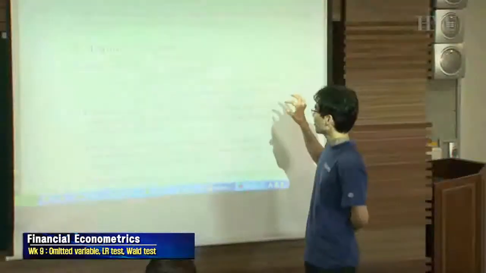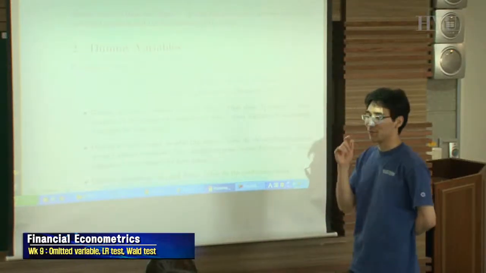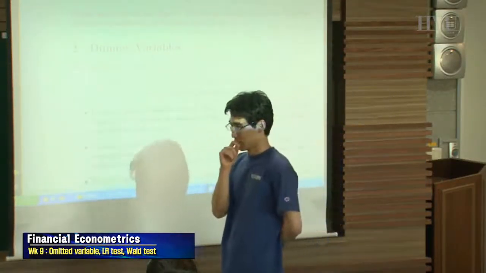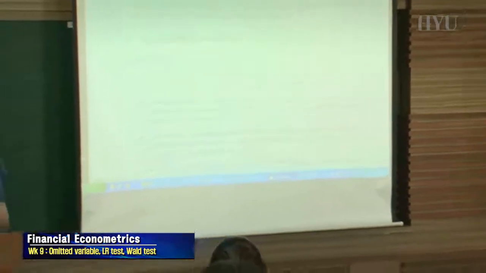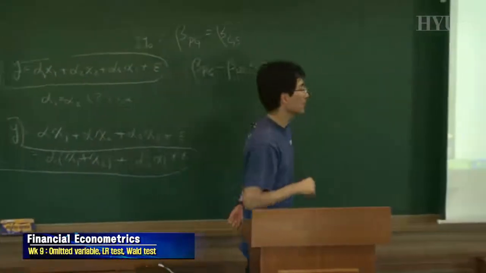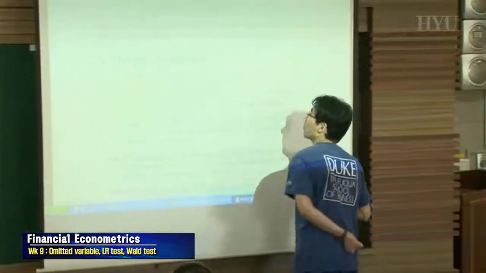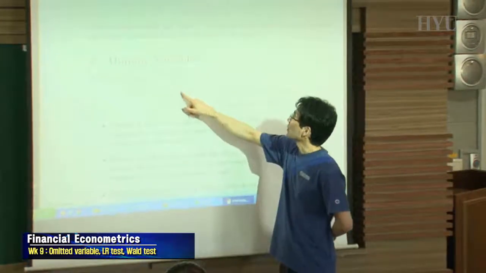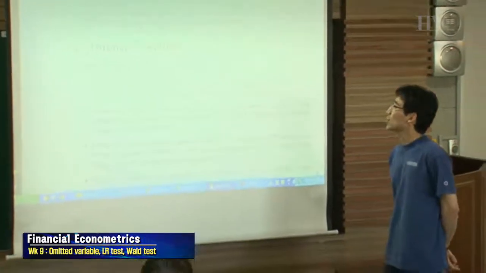Since we don't have the ability variable in this regression, what's going to happen to those coefficients? Any guess? First about beta one, about education, what's going to happen?